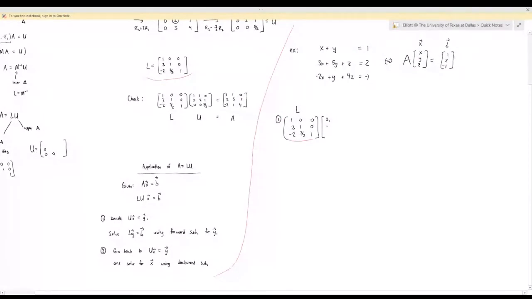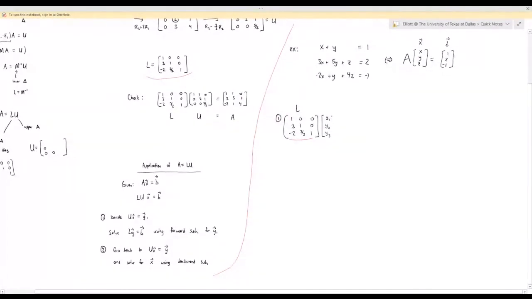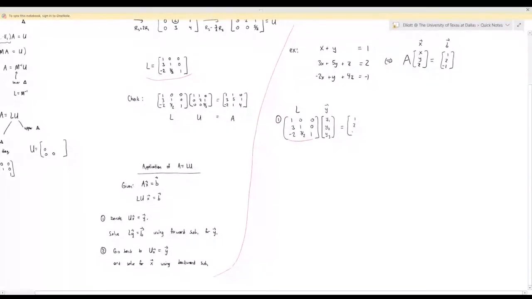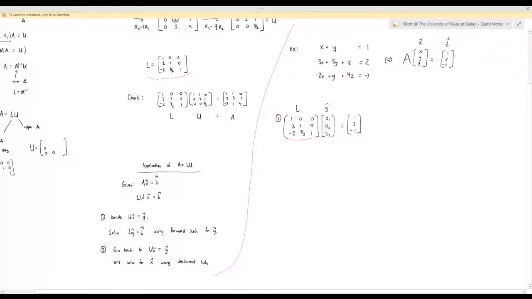Let's just say vector y is y1, y2, y3. And we're going to set that equal to b. So b is the vector 1, 2, -1.